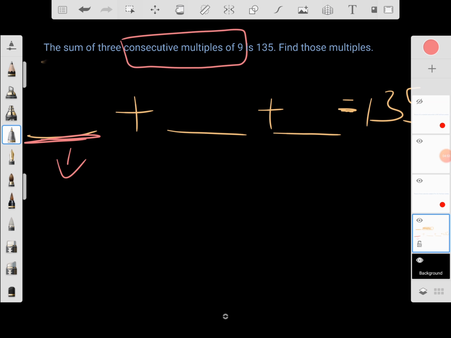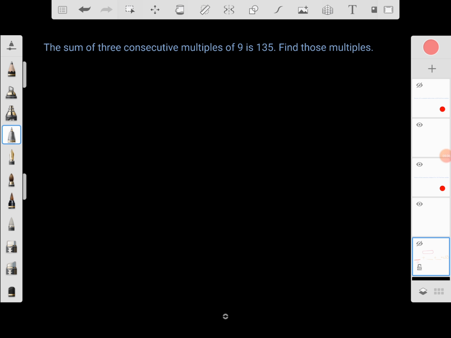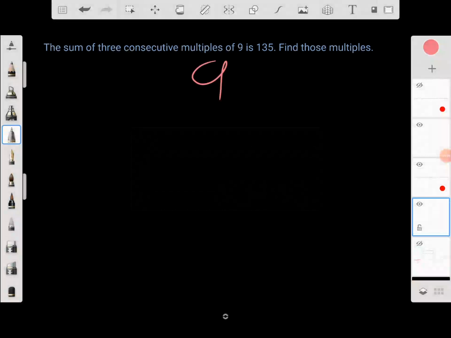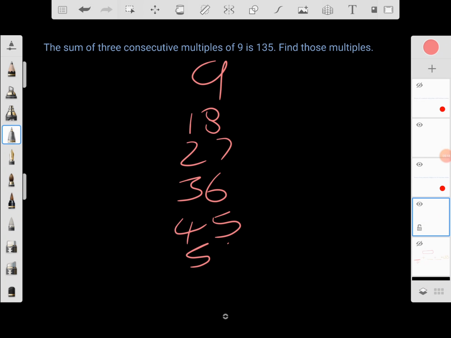To explain that, let's consider the multiples of 9 for now. That will be 9, 9 into 2 is 18, 9 into 3 is 27, 9 into 4 is 36, 9 into 5 is 45, 9 into 6 is 54, and it keeps going on.